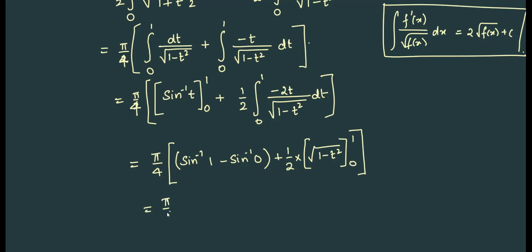So here it is pi by 4 times pi by 2 minus 0, plus half of, substituting t as 1, you get 0 minus 1.